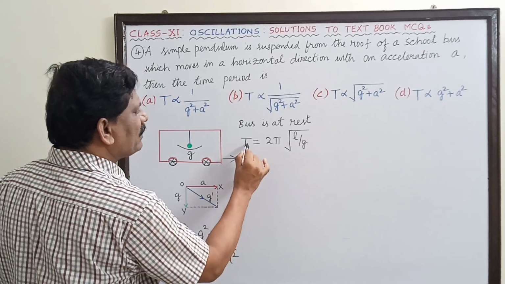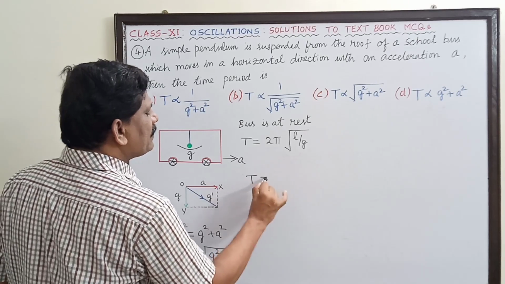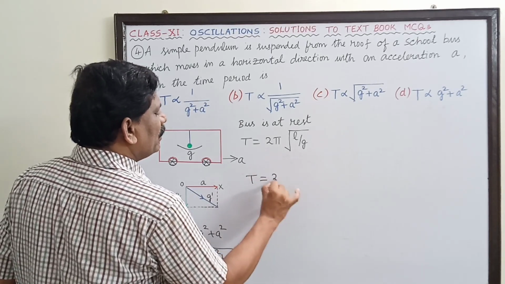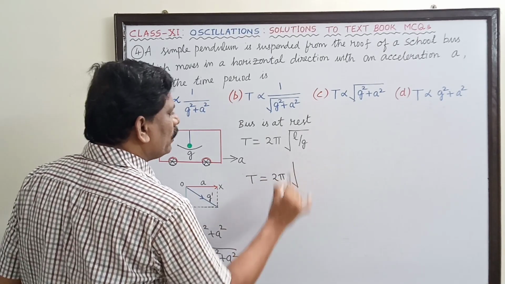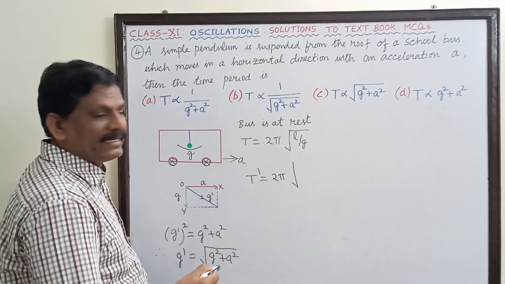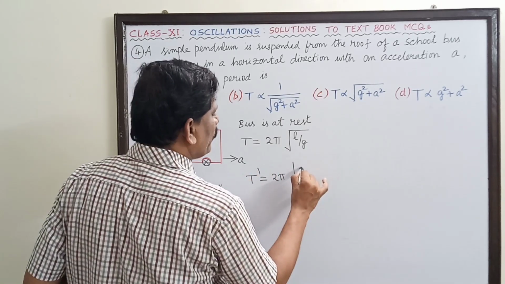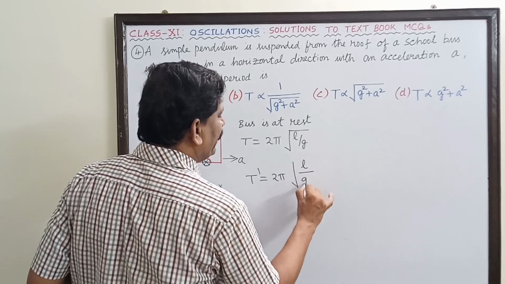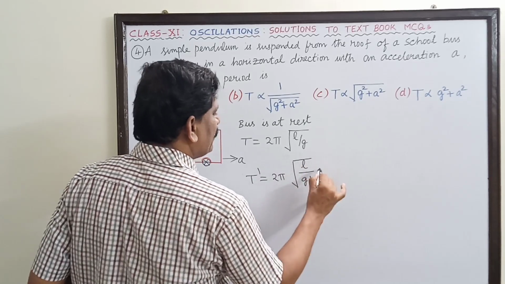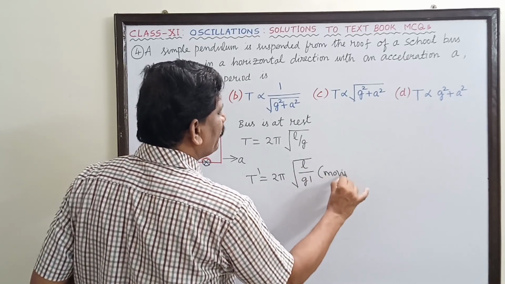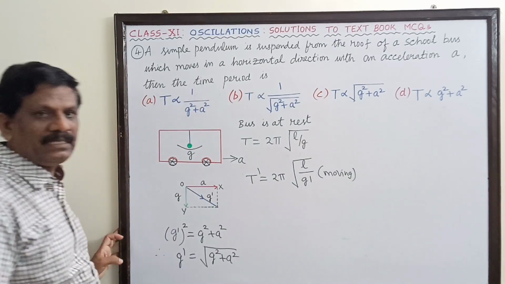Now we have to substitute. T dash I will take, which is equal to 2π times the square root of length divided by g dash. This is when the bus is moving with an acceleration a.